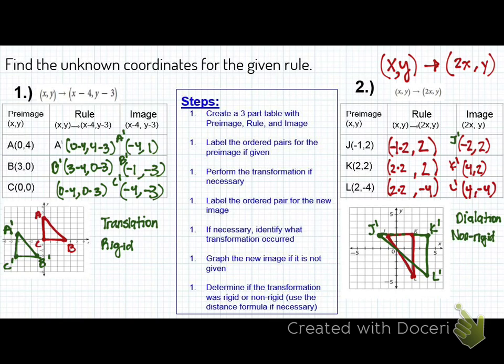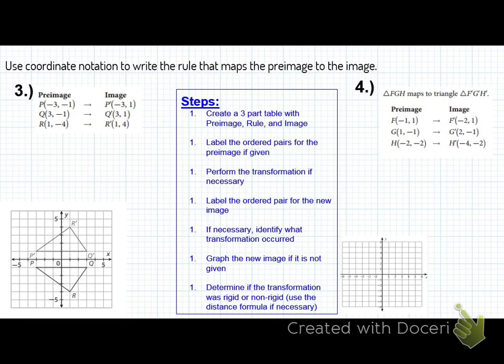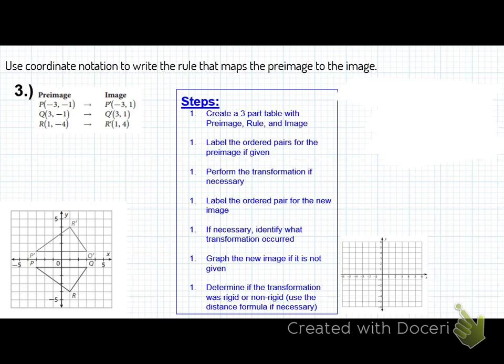Okay. Let's keep going here. I know that I could do a lot of these for you, but I would like you to think through some of these. Okay, so now we got number 3. We got a pre-image and an image. They actually showed them up here, so I'll draw the pre-image and image so you can see them better.